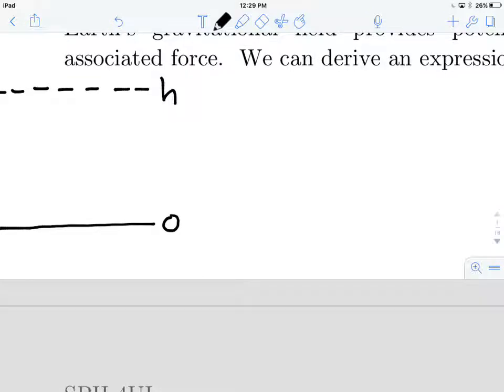And there's a really, really quick derivation. If we start with work is equal to the dot product of force and displacement, we know that when we're talking about the force, in this case, we're looking at the force of gravity.